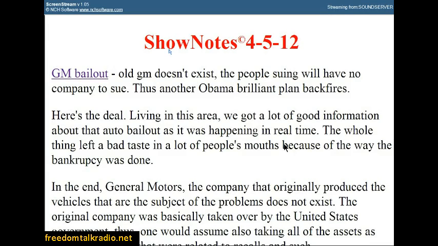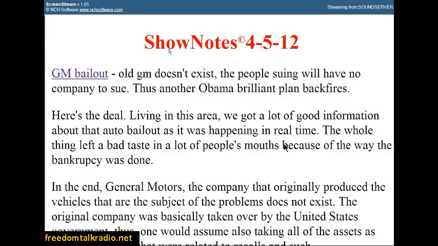This bankruptcy with General Motors left a bad taste in a lot of people's mouths when all of this went down, because there were a lot of situations that had to do with the finances, with the bondholders, some of the stockholders, and whatnot, that got a lot of people upset. And there were ultimatums given by the government in order for them to be able to get the bailout and proceed with the bankruptcy and everything.